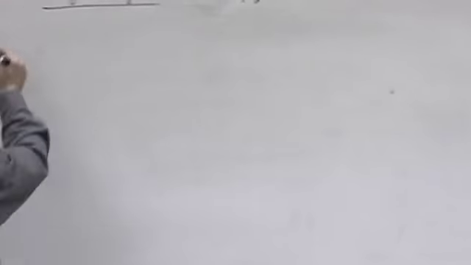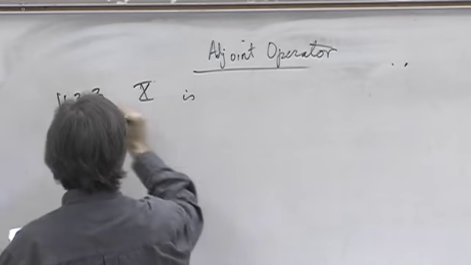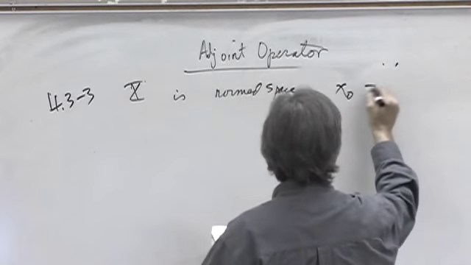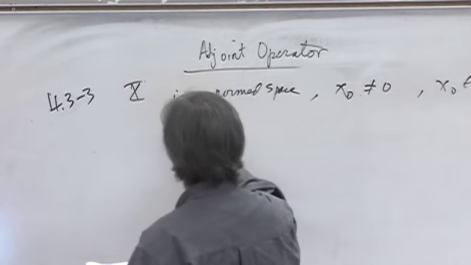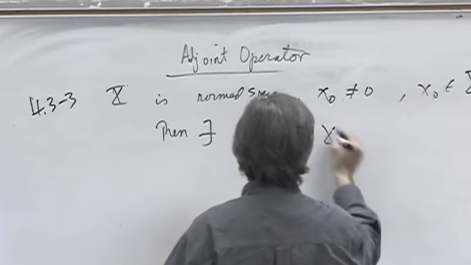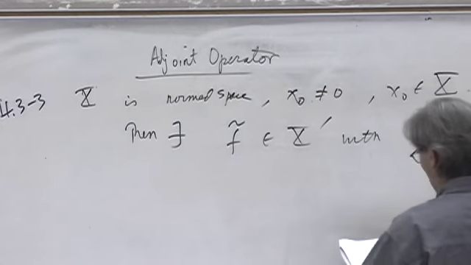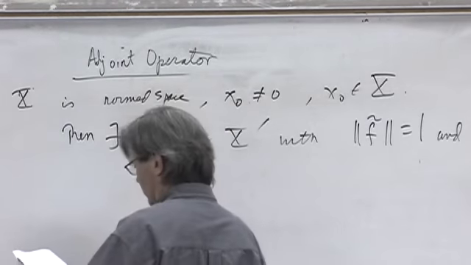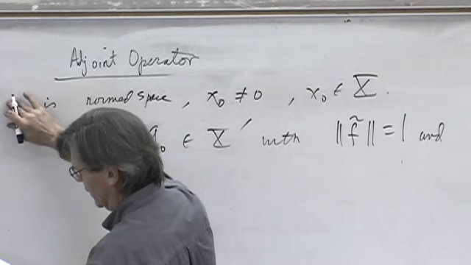Theorem 433: if X is a norm space, and X0 unequal to 0 is an element of this norm space, then there exists a bounded linear functional with norm equal to 1, and, let's put it this way, there should be a G0. I'm going to apply this to Y actually.